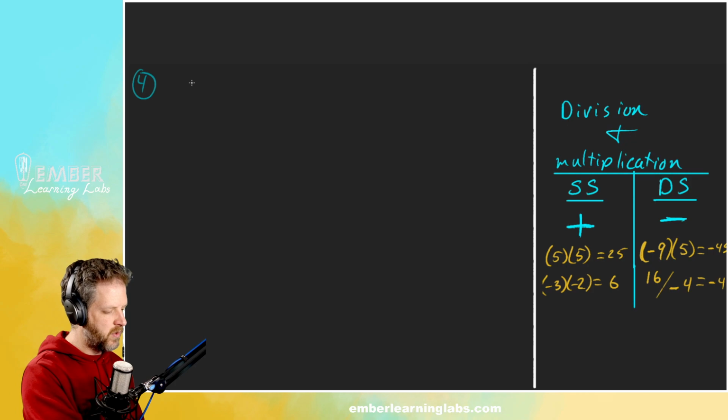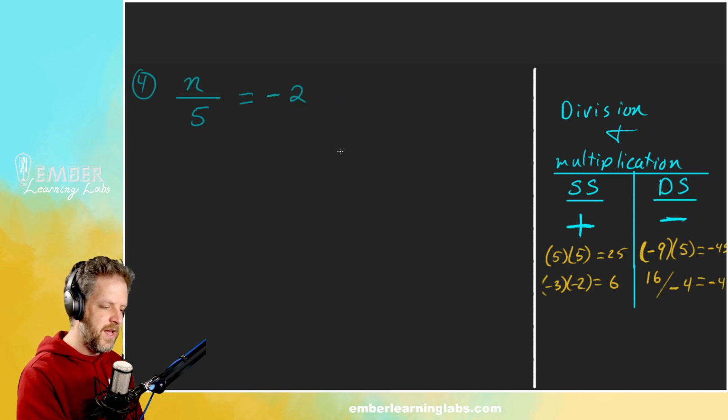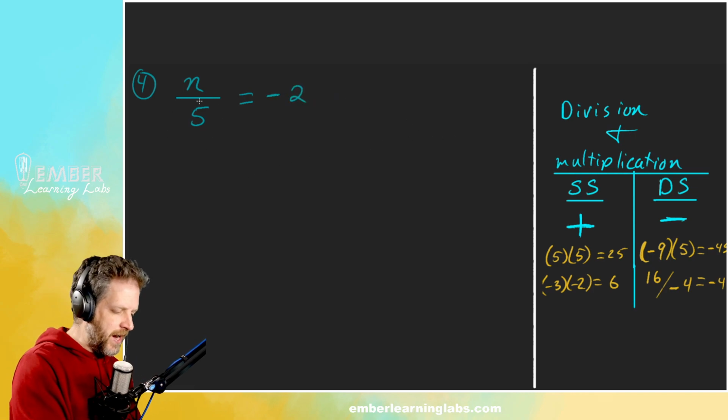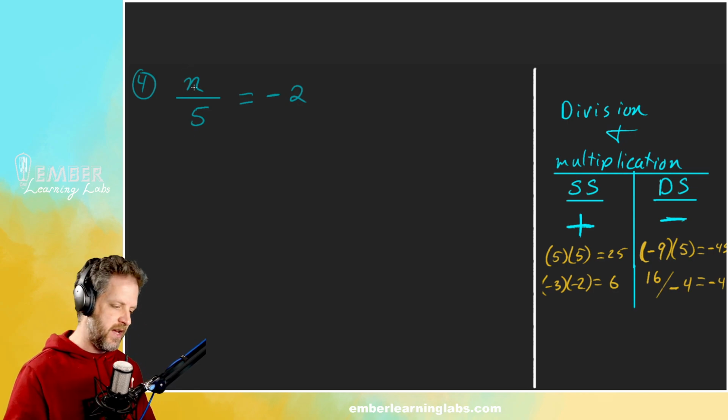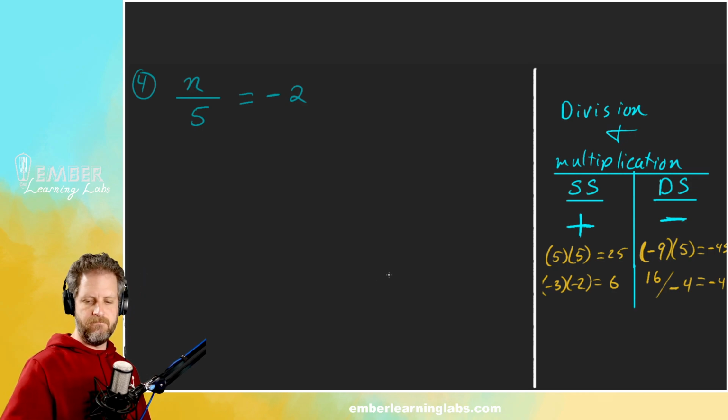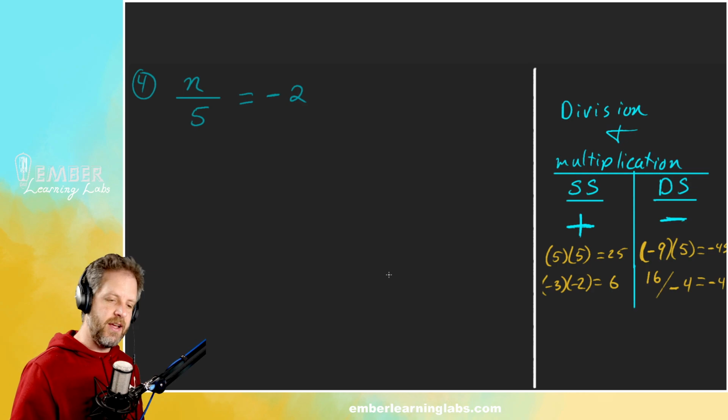Let's do n over 5 equals negative 2. Now, how is that 5 attached to the n? Is it added or subtracted or multiplied or divided? How is it stuck on there? Divided, I believe. You are correct. And so what's the opposite of dividing?